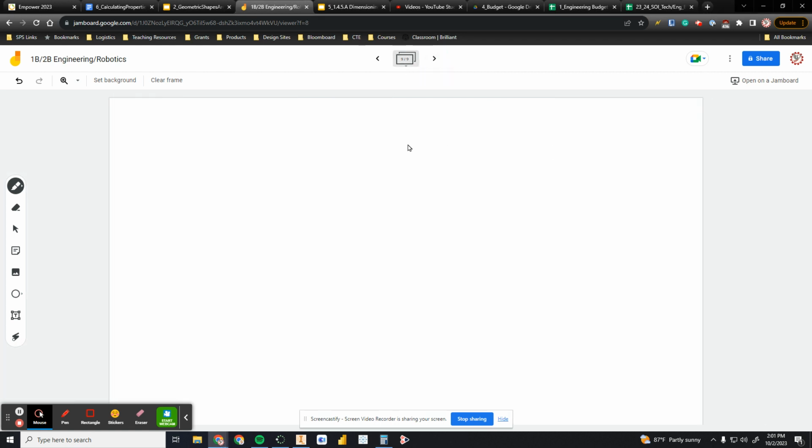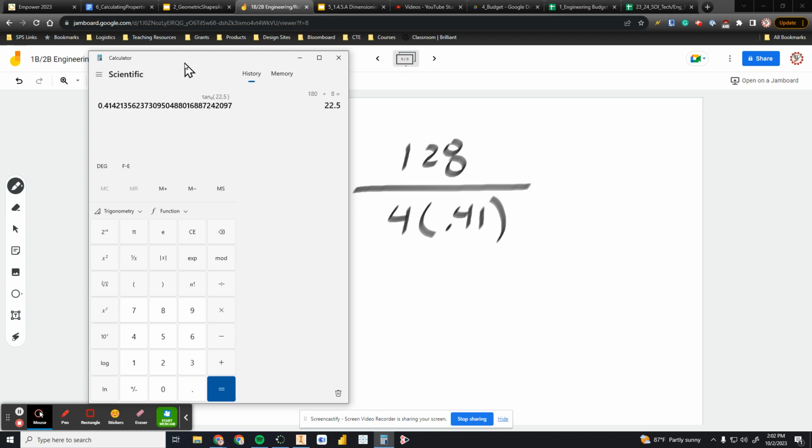So we have 128 over 4 times, we found the tangent of 22.5 to be 0.41. Okay, so this is definitely getting more simple now. So I'm going to take that 0.41. Notice I'm leaving all the decimal points in there. I don't need to clear that out. Times 4.